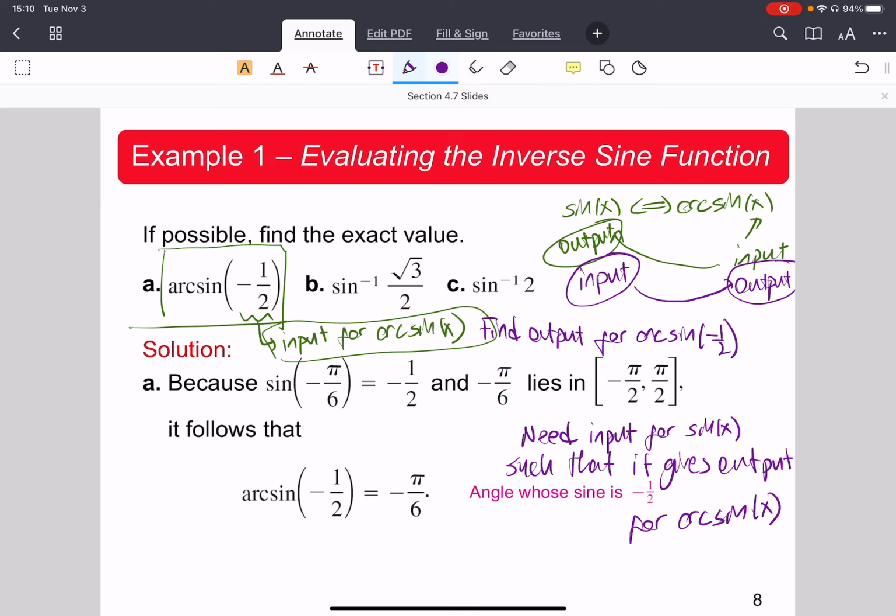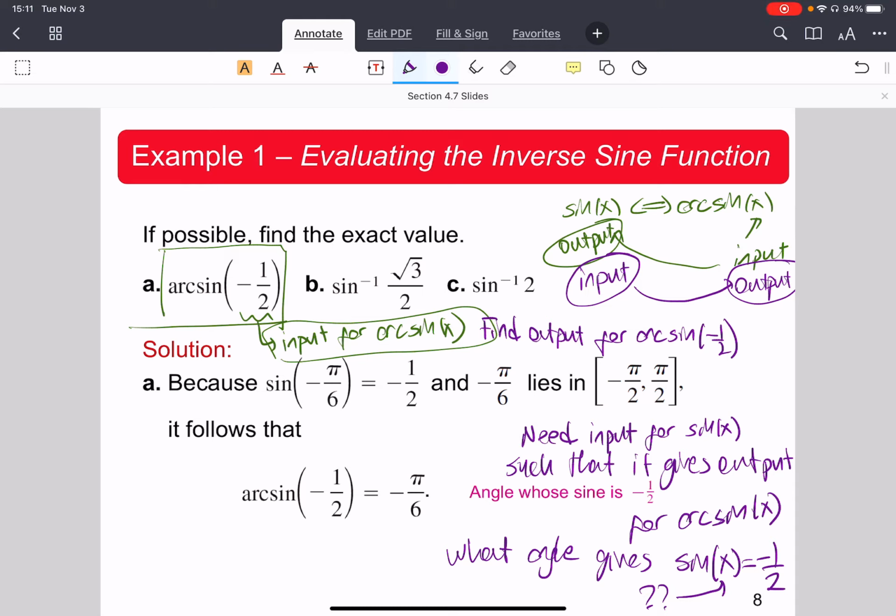What angle gives sine x equals -1/2? What angle should I be using so that sine is -1/2?